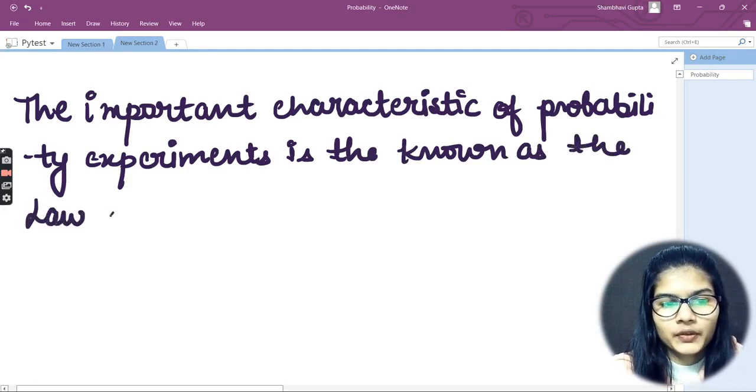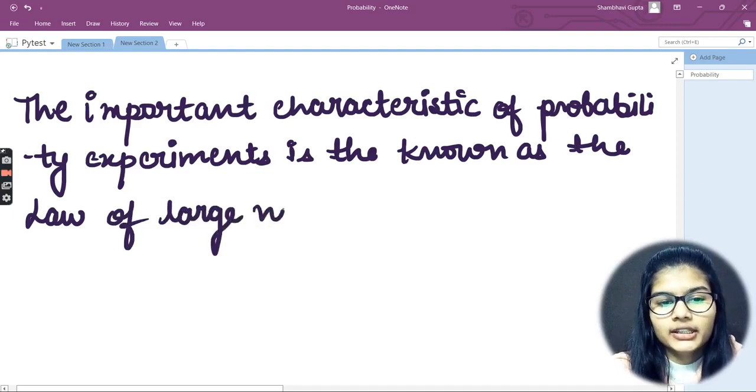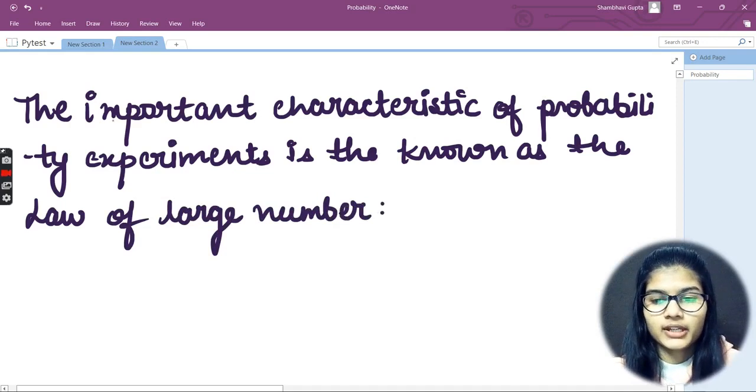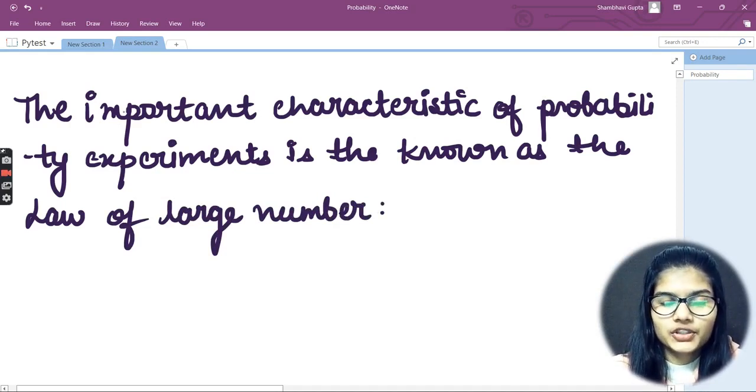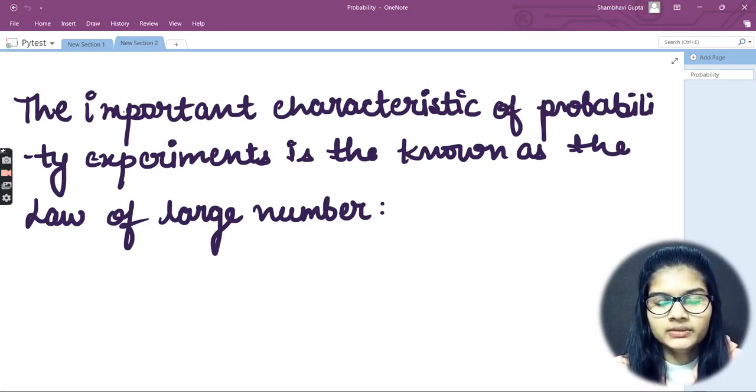Now, what this law of large numbers is about, I'll be talking about right here. But you have to understand that there are some important characteristics of probability experiments, and that is known as the law of large numbers. This is a term which we use here.